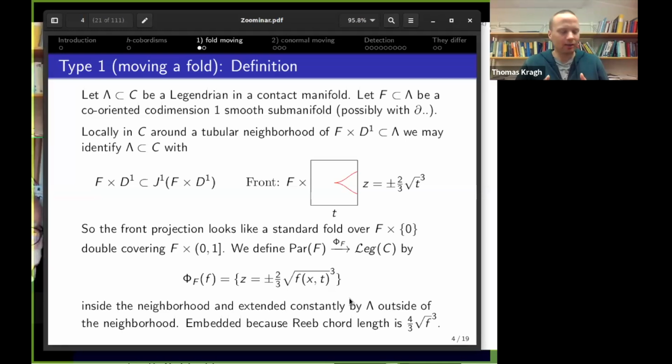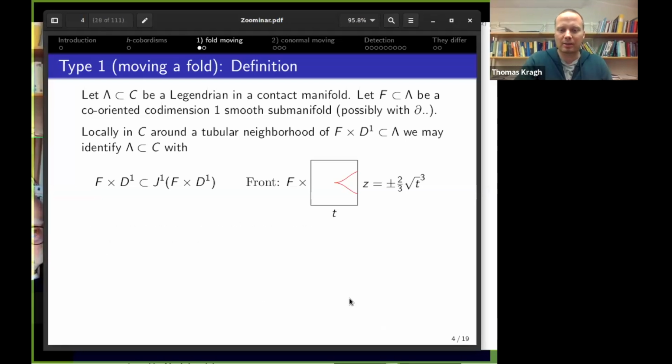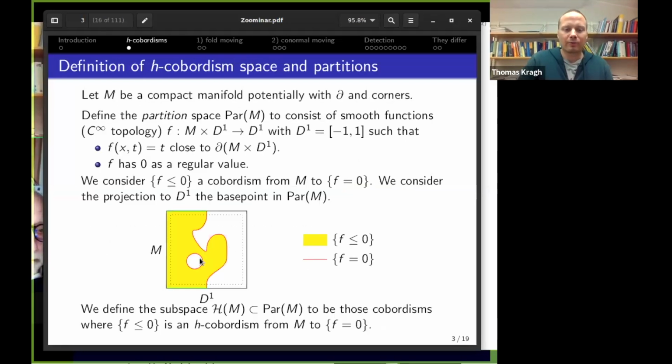It's a little inconvenient to do it, because if you take your Legendrian and implant one of these partitions that looks like this, then the front gets bigger. And a lot of the things you can do in that homotopy class is really just, if you fix this one model for the fold and then move that fold a little bit, you can get a lot of those classes anyway.